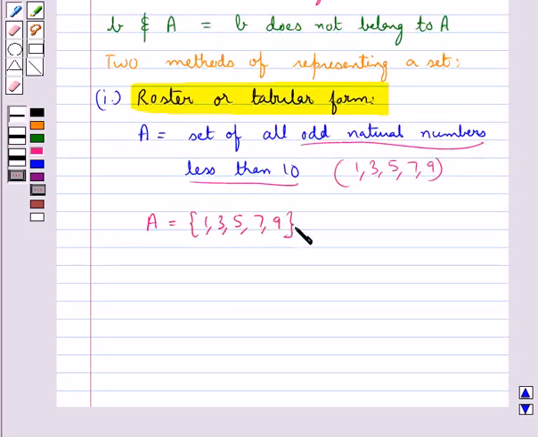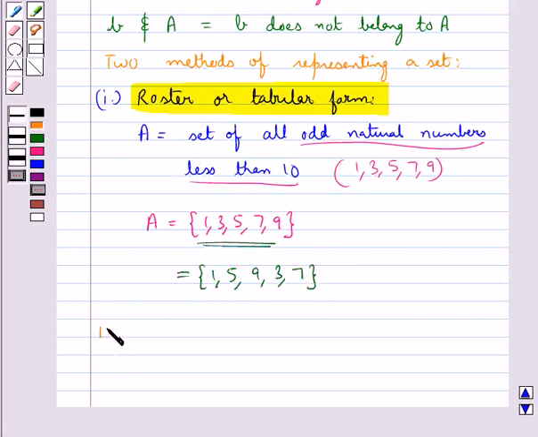That is, all the odd natural numbers less than 10 are written within the braces and separated by commas. In the roster form, the order in which the elements are listed is immaterial. That is, this set can also be written as 1, 5, 9, 3, 7. Order does not matter in this case.